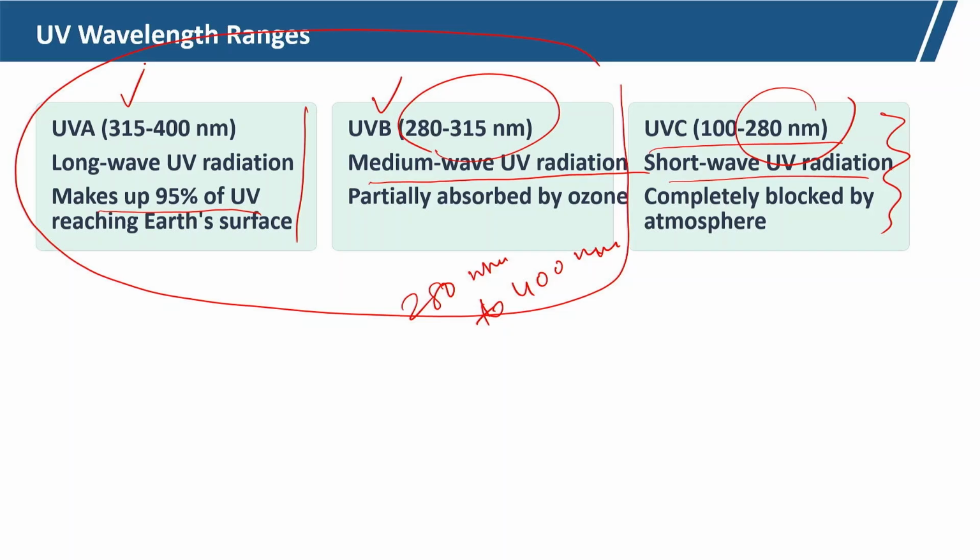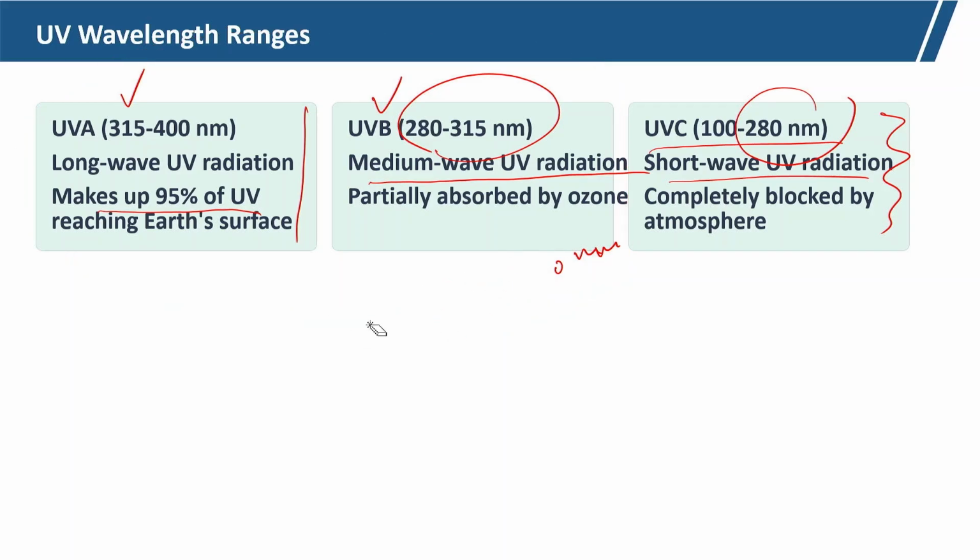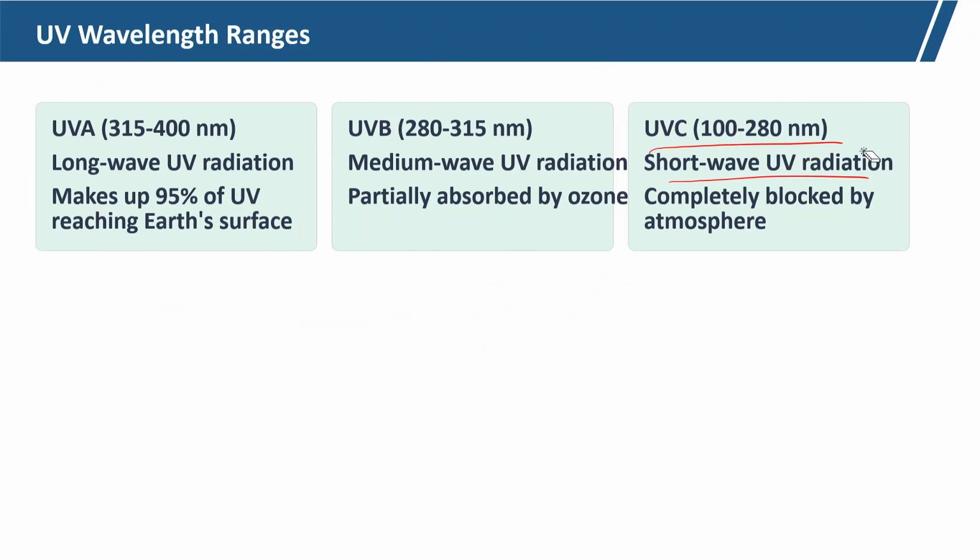That range we always test. In the UPF rating, we consider only this range of UV. 100 to 200 nanometers we do not consider, because it does not reach the earth.